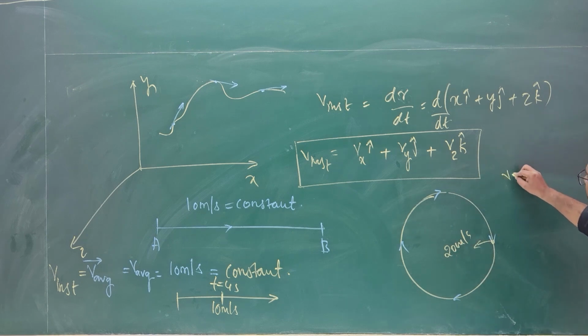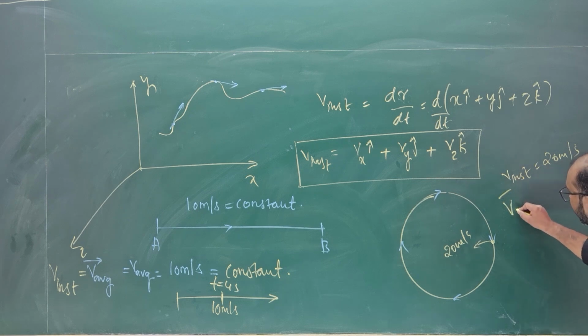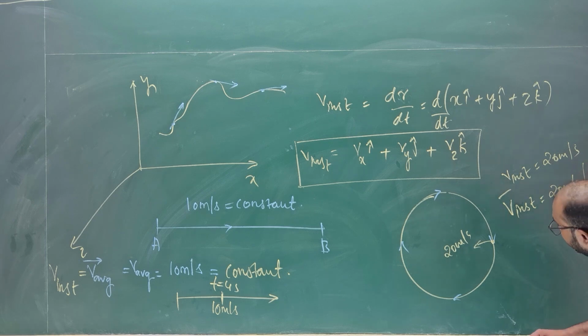Then I can say the instantaneous speed is nothing but 20 meter per second. But when I am saying V instantaneous, it is 20 meter per second downwards. Why? Because at this point, the direction of the velocity is in the downward direction.